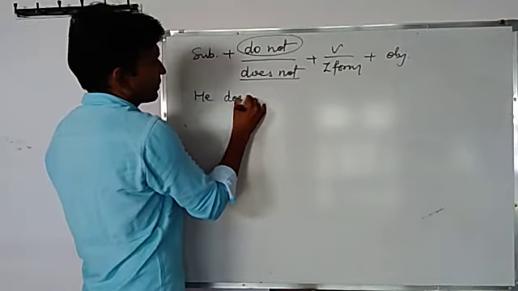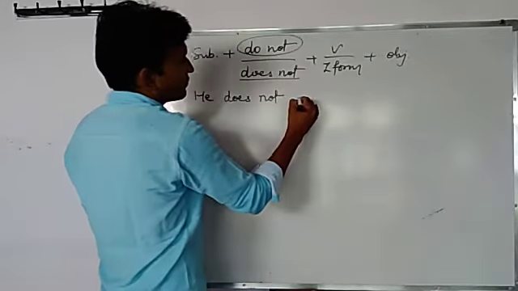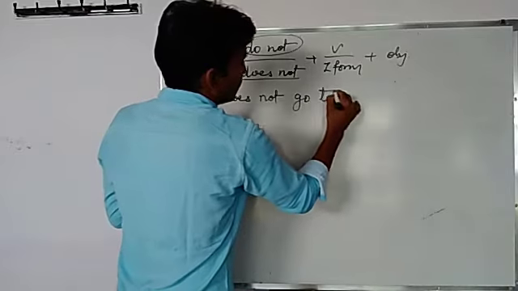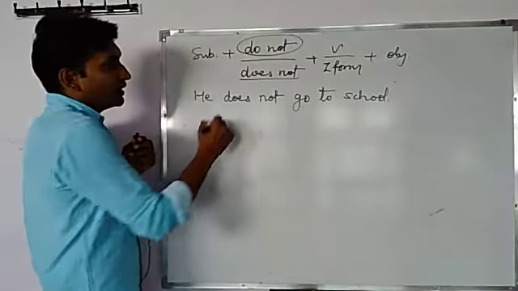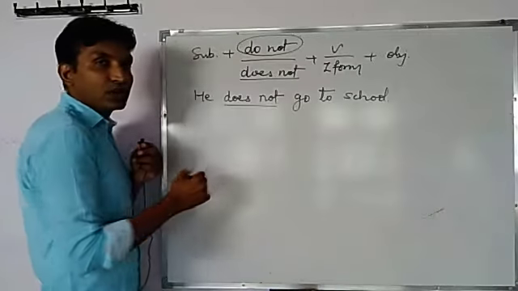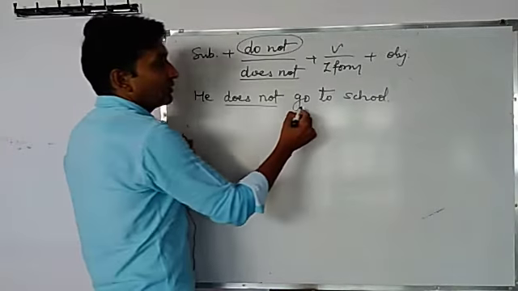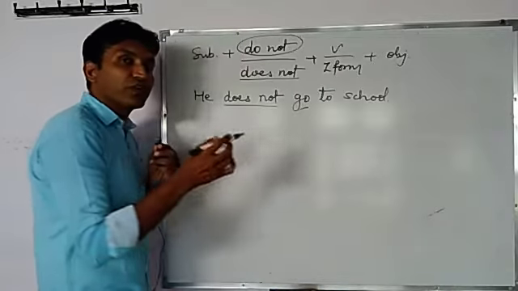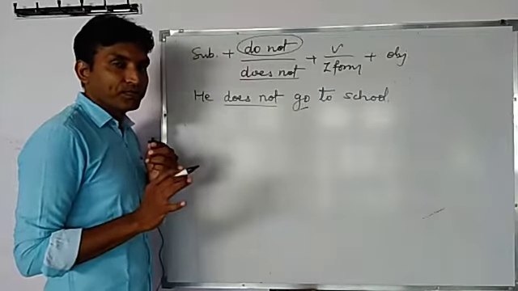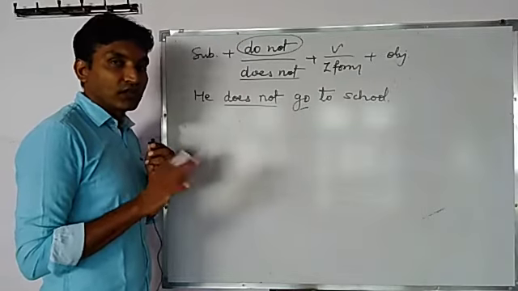He does not go to school. One more thing, if we are placing does not or do not in our sentences, then there is no need to add s or es with the main verb. Only the first form will be written. Okay? No s or no es, nothing.